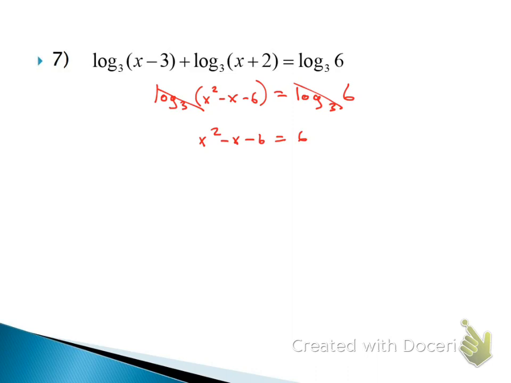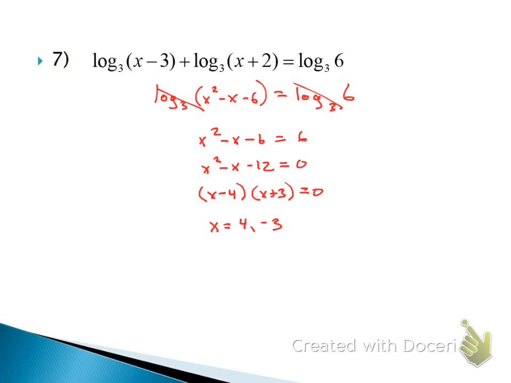So we can subtract it. So now I have x squared minus x minus 12 equals 0. That factors, doesn't it? Into x minus 4, x plus 3. So x equals 4 and negative 3.